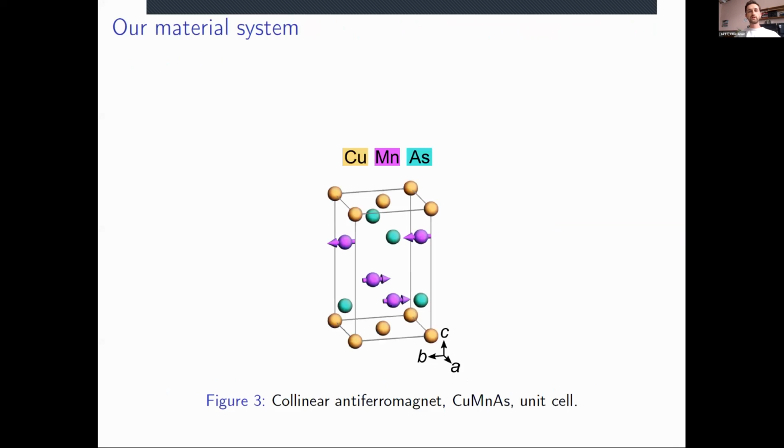So just to go over some of the experimental details, the material system that we're working with here is a collinear antiferromagnet called copper manganese arsenide, which has been quite the workhorse in the field of antiferromagnetic spintronics over the last few years. This material is a collinear antiferromagnet with a Néel temperature well above room temperature at 480 Kelvin.